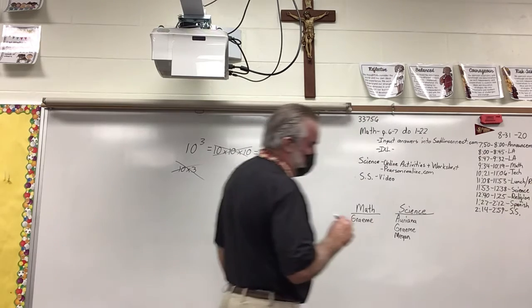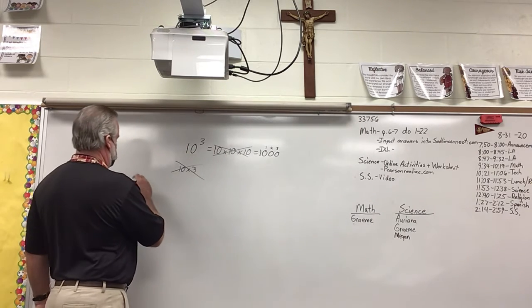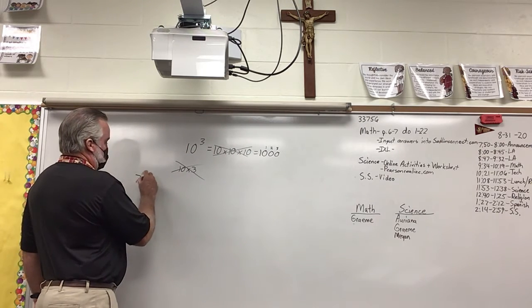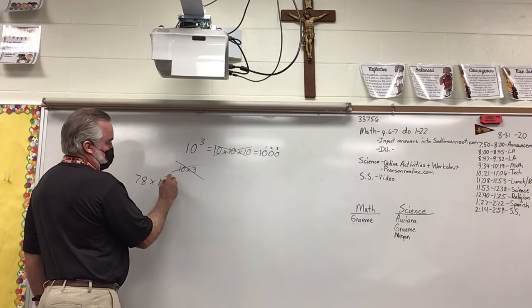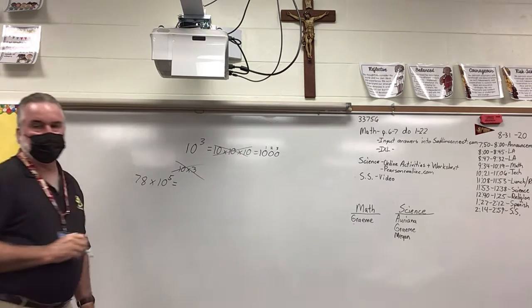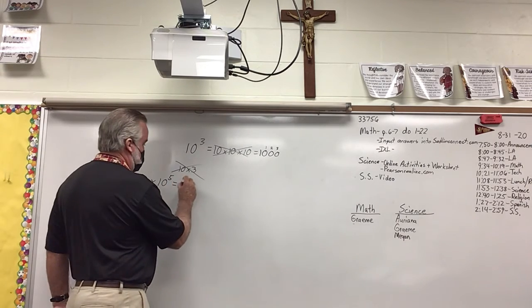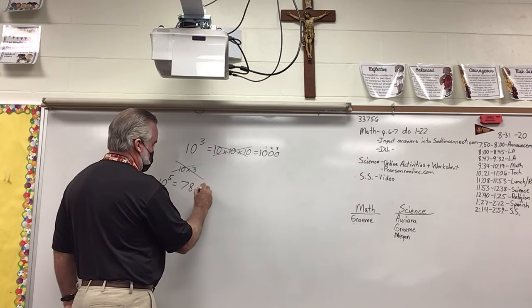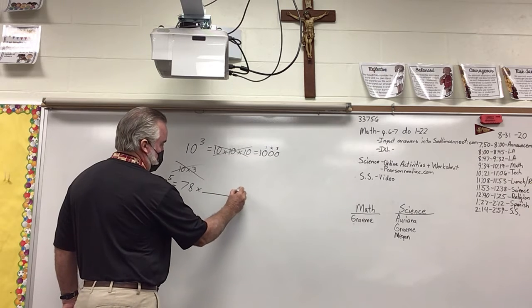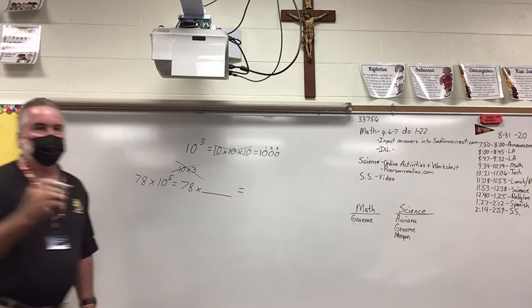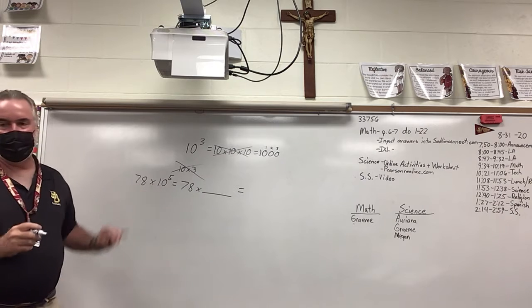They are going to have problems for you that are 78 times 10 to the 5th power. And then they may write it as 78 times blank, which would equal, what is 10 to the 5th?